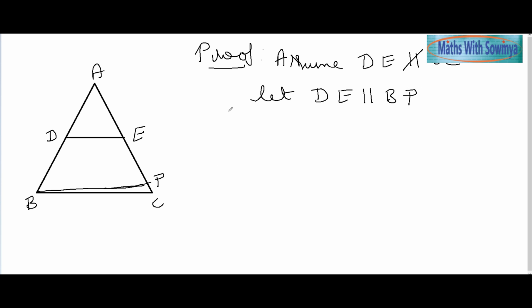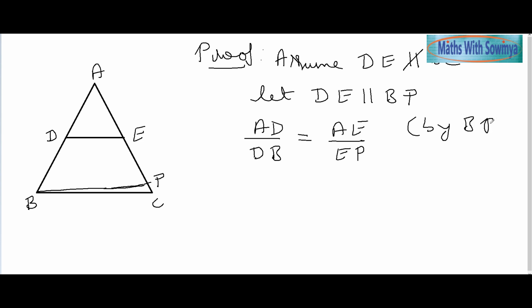Let DE be parallel to BP. Now if these two are parallel, again I can apply AD by DB is equal to AE by EP, by BPT. And what is given to me? Given is AD by DB is equal to AE by EC.